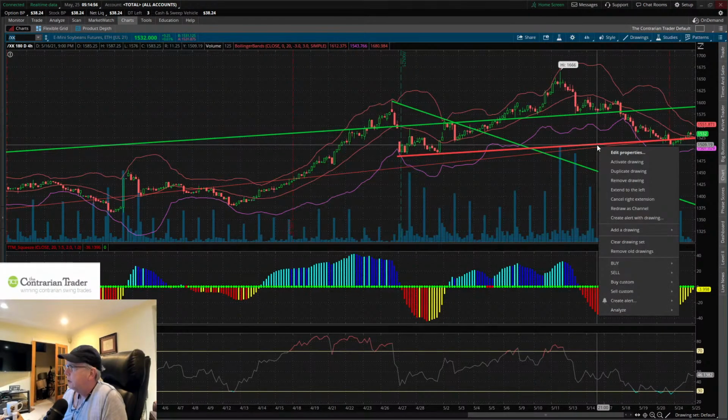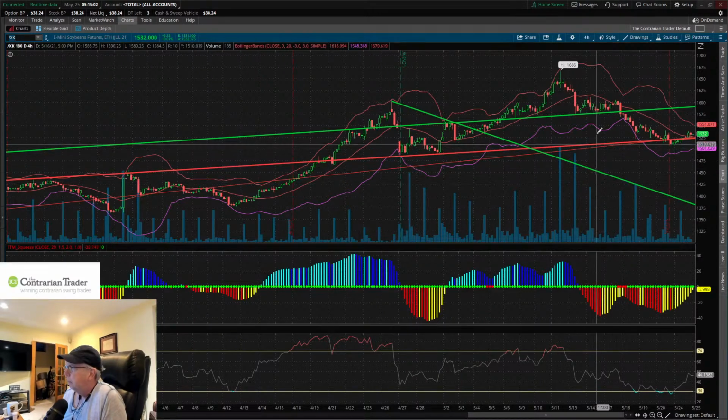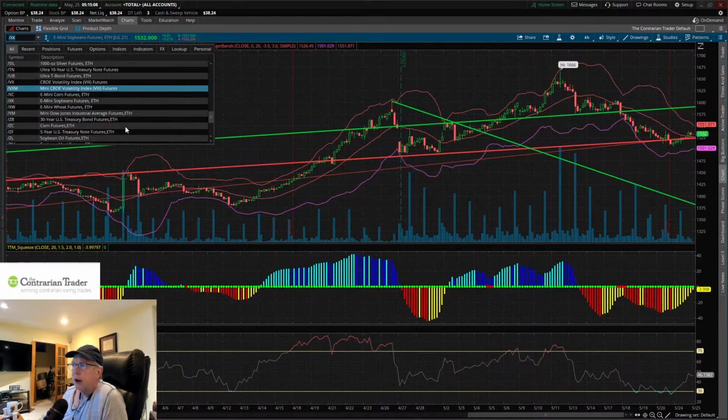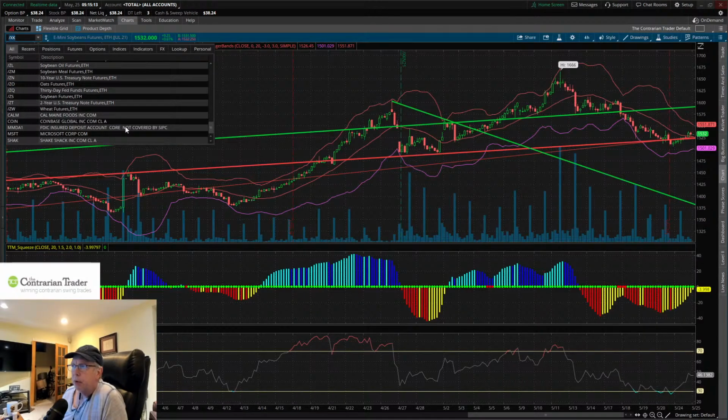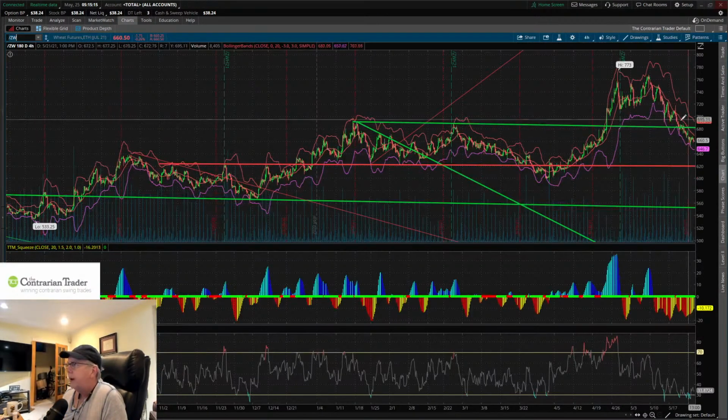Now here is a secondary neckline that we're trying to hold on to. I think we're in the early innings of this commodity bull run. Let's go to wheat. Wheat getting hammered.